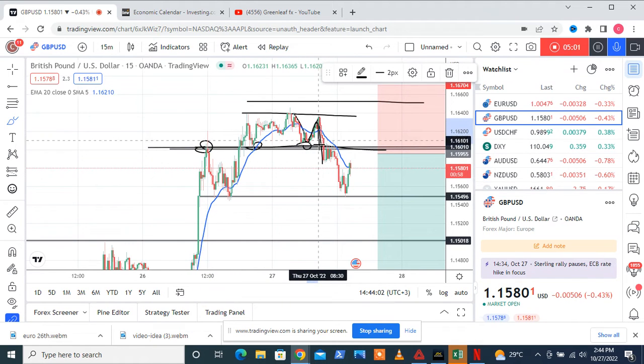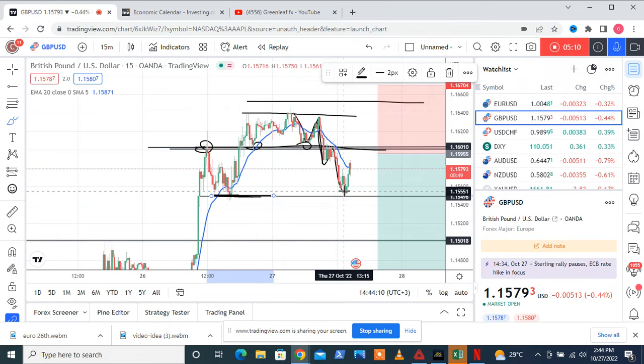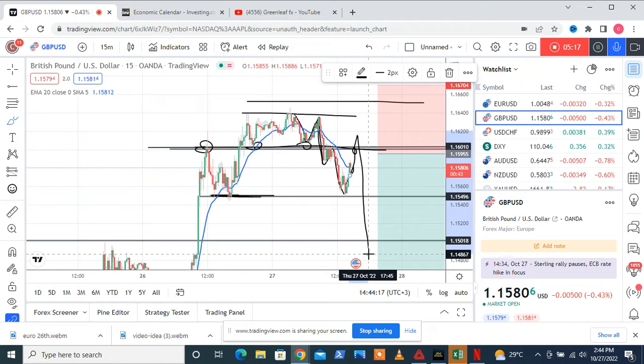The market went up, it broke down, it has retested. Now it came to retest this zone again here. Okay, so now as you can see, it's pushing up. So we might see a retest again here, or maybe even here, and then finally continue down, if that's what the market wants to do.